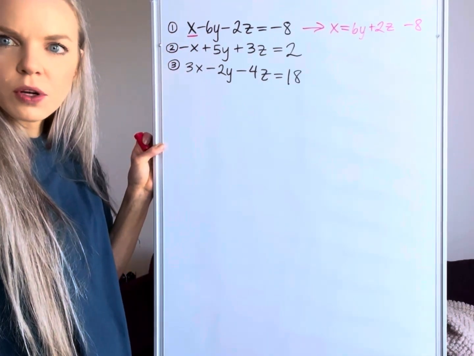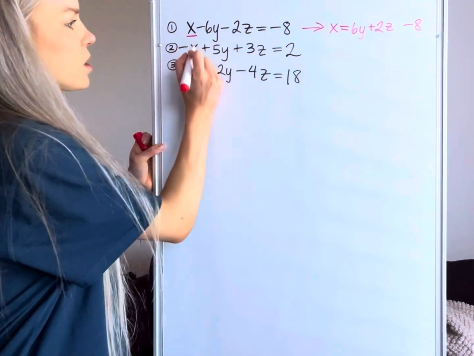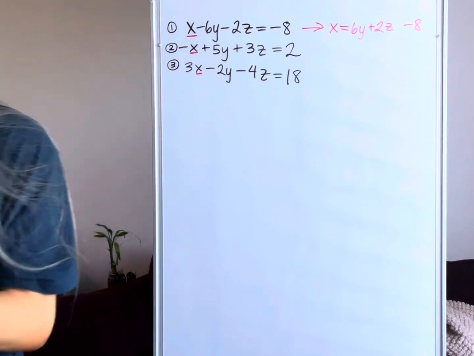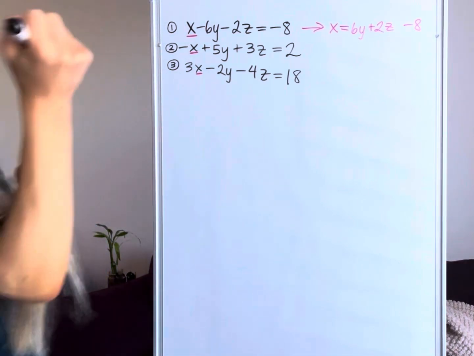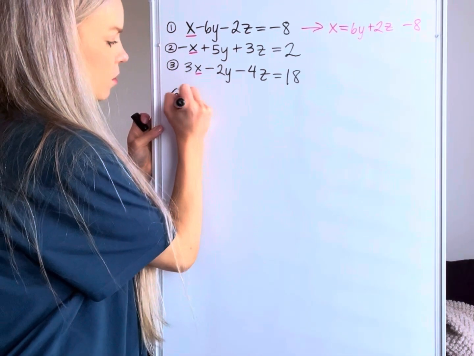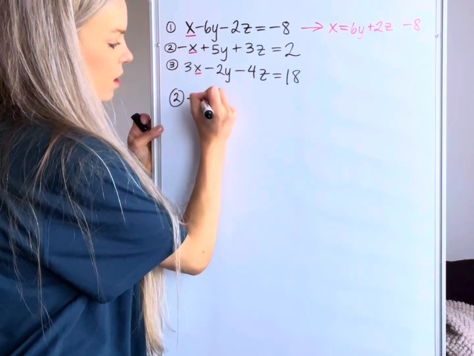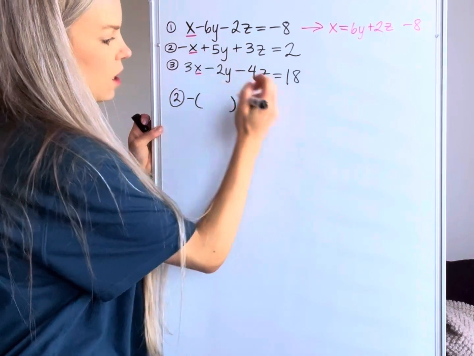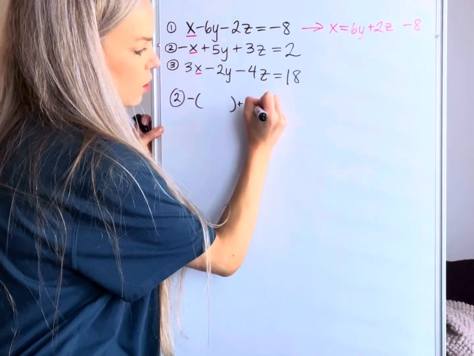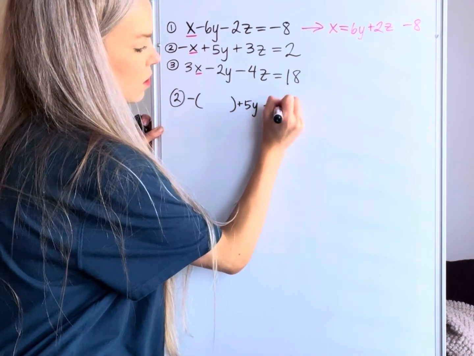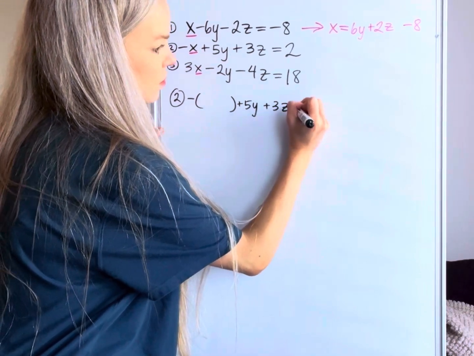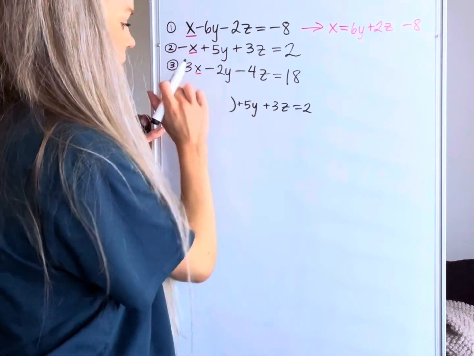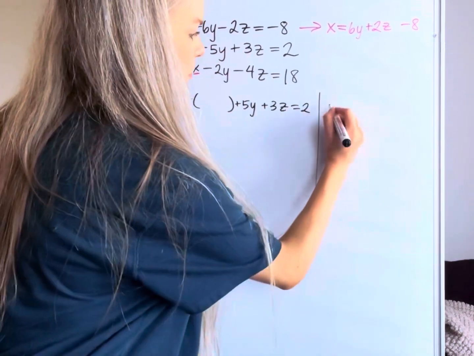Okay, and so you're going to use that new equation to substitute the x in the other two equations. My new equation 2 would have negative, and then put a big set of parentheses where x used to be, and then go ahead and finish writing the equation first. Then you're going to do the exact same thing with equation 3.